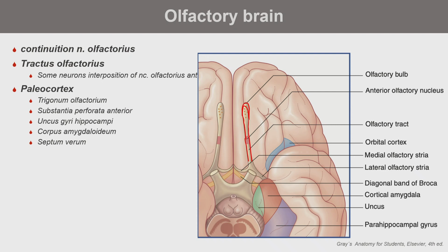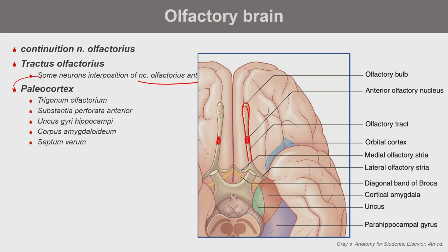In the olfactory tract, in the middle about, is an interesting structure which is called nucleus olfactorius anterior. There are some interneurons which relate the information of olfaction into the cortex.